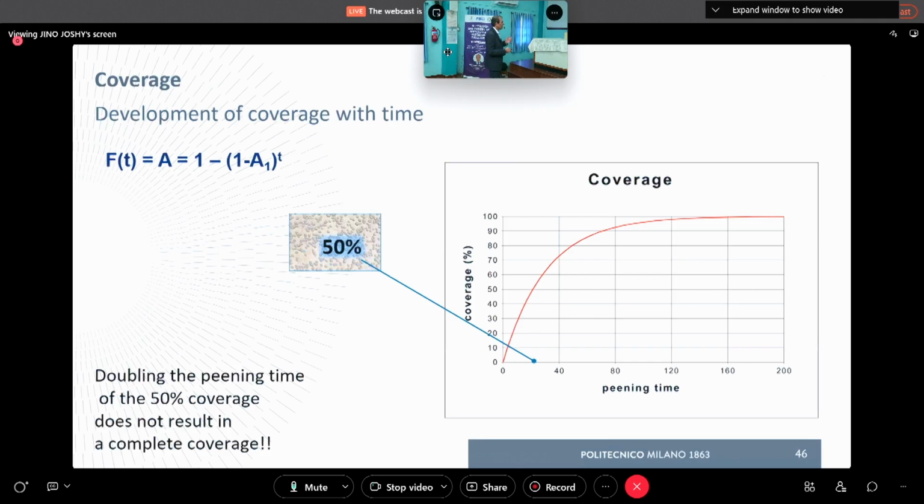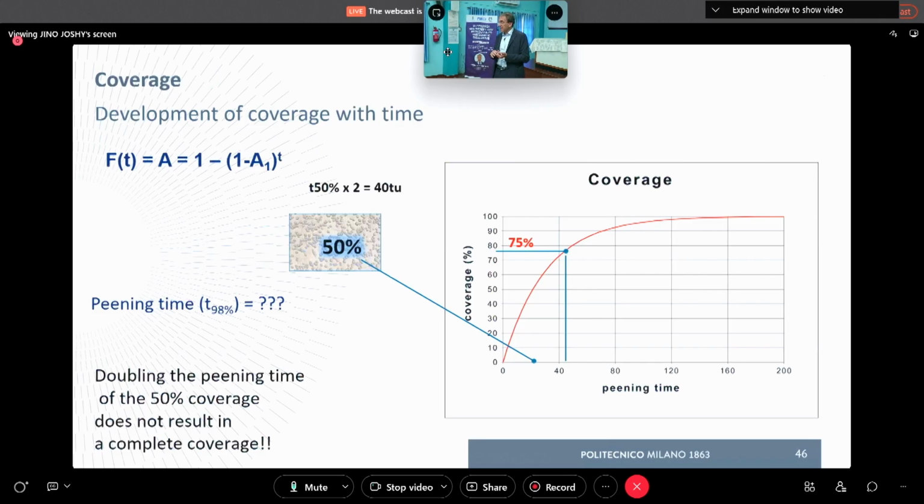If we double the peening time, this is more or less the point, we are not getting 100% or something similar. We are quite far from 100%. We are at 75% coverage. Okay? And this is not good.